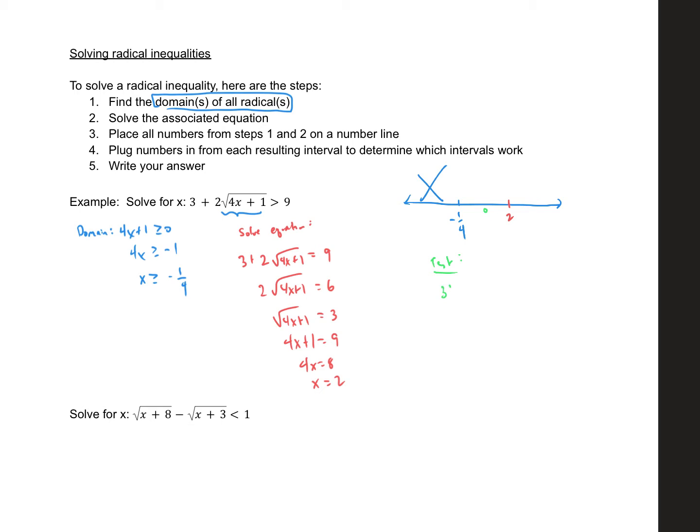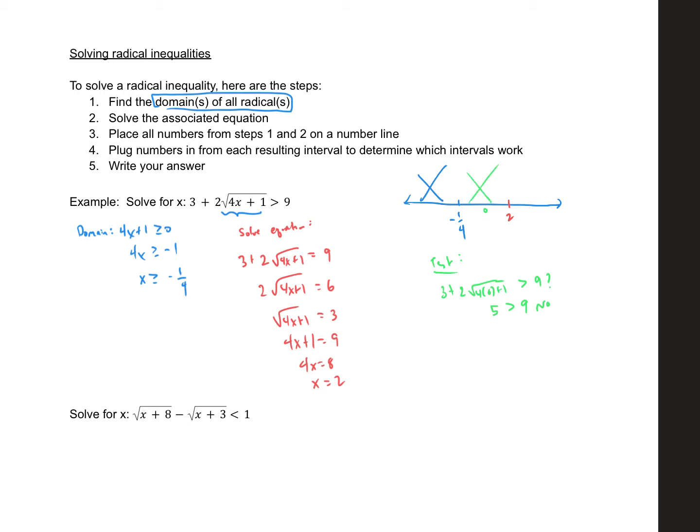So I'm going to plug that in to see if it works. So let's see, I believe that gives me 3 plus 2 times the square root of 1, which is 1. So 2 times 1 is 2, so that says that 5 is greater than 9. Nope, that's not true.